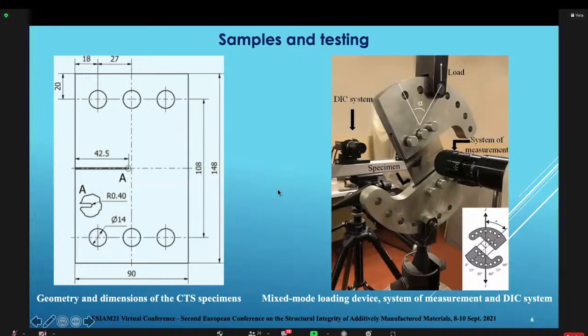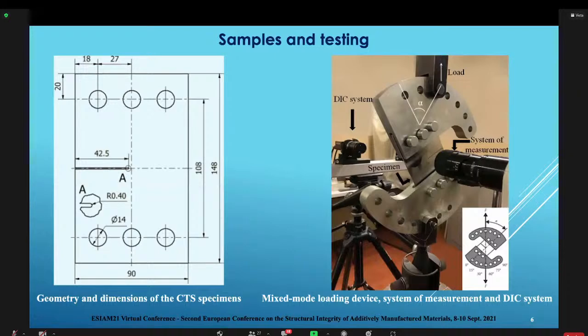So we used the geometry presented on the left, the compact tension shear specimens, and the figure on the right presents the loading device developed according to Richard for this kind of specimen.